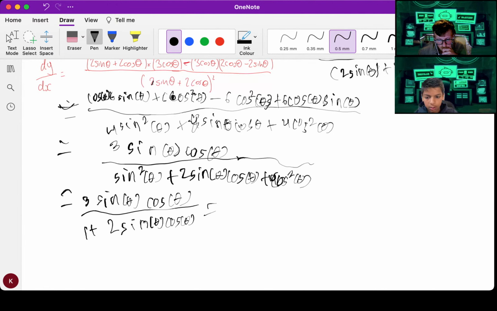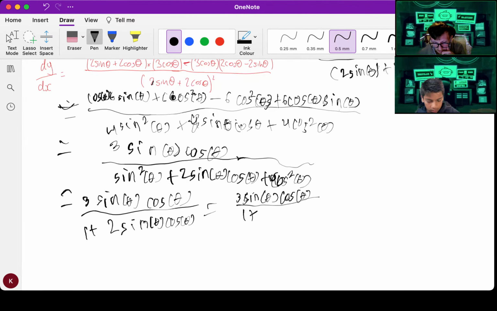I'm pretty sure 2 sine theta cos theta. That's sine of 2 theta. So that is 3 sine theta cos of theta.